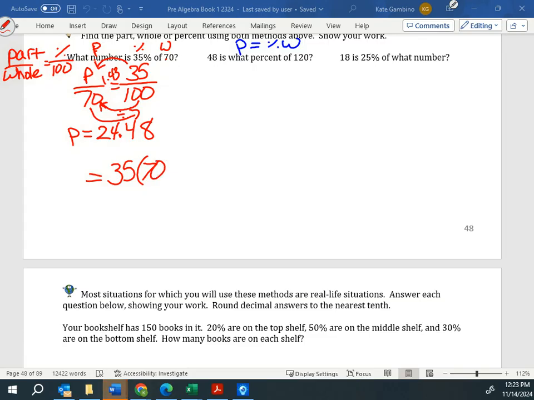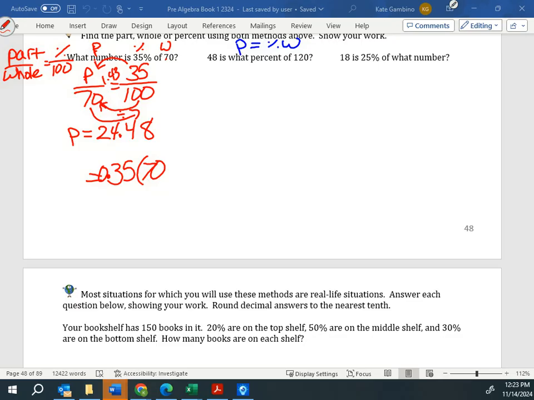It's 35%. How do you think I should write that? Convert it to a decimal. That's going to be a whole lot easier to work with if we convert it to that decimal. Because 35% is not 35. 35% is 0.35. So we need to make sure that we're converting it to that decimal.